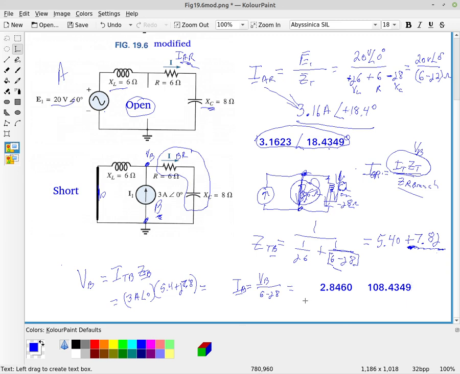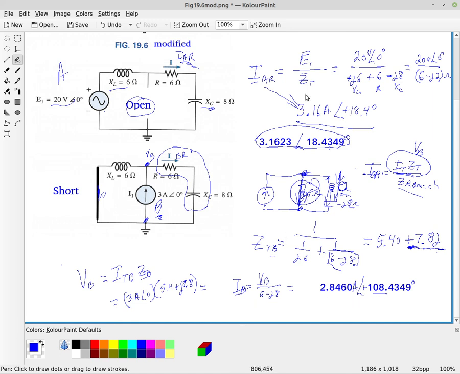This is the total current IB or IBR, which is 2.846 amps at an angle of 108 degrees.